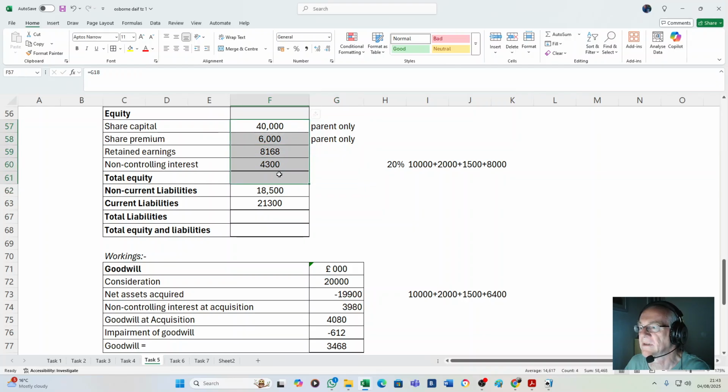Now for the truth, stick that in, add up the equity. There we are, 5468. Subtotal of the liabilities. Just looking for that number. How have we got that number?